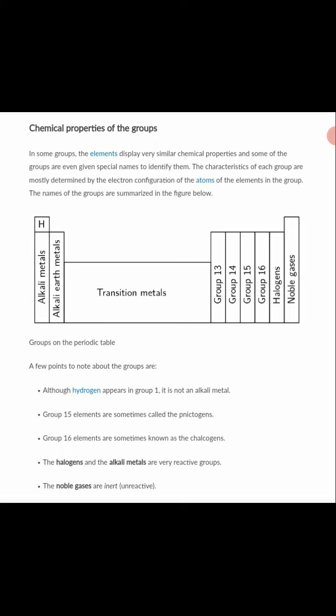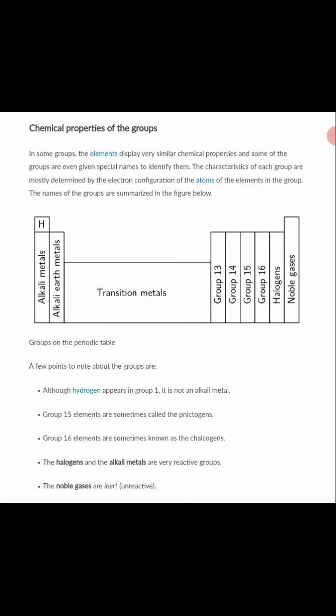Number one, although hydrogen appears in group one, it is not an alkali metal. I told us last week, hydrogen can behave as a metal and as a non-metal. In most cases, it behaves as a metal. In H2SO4, H is the metal, SO4 2 minus is the non-metal. You have HNO3, HCl, H2O. In these instances, hydrogen behaves as a metal.